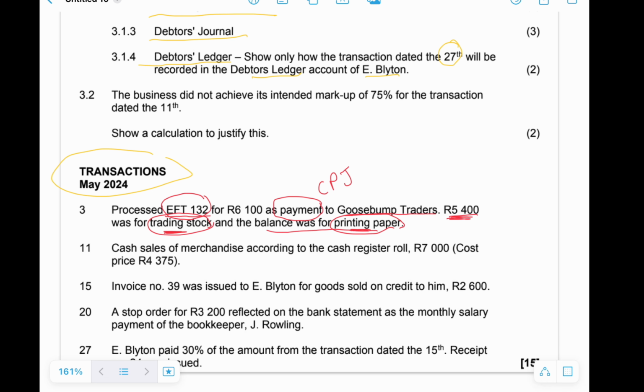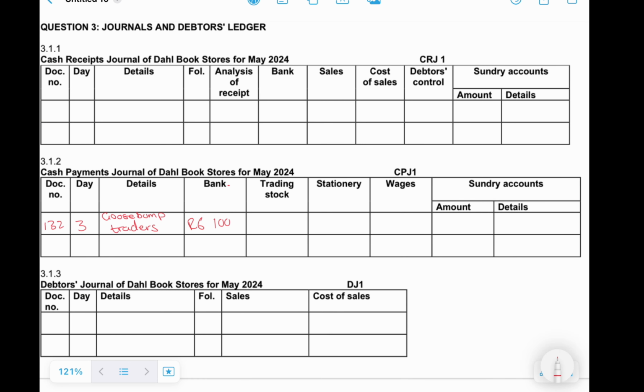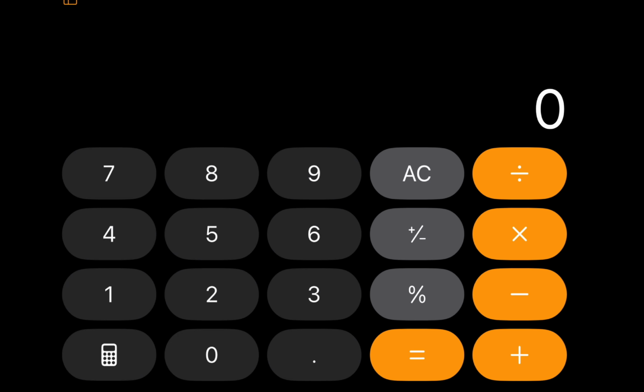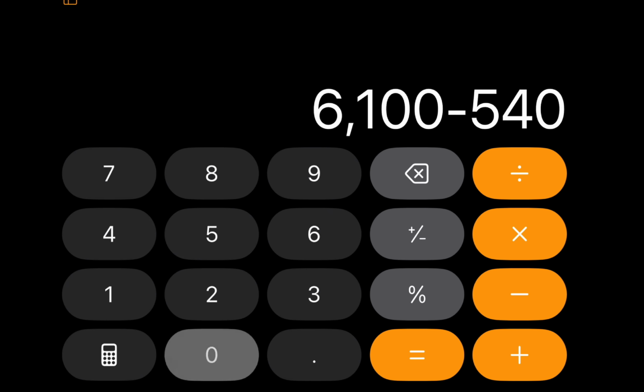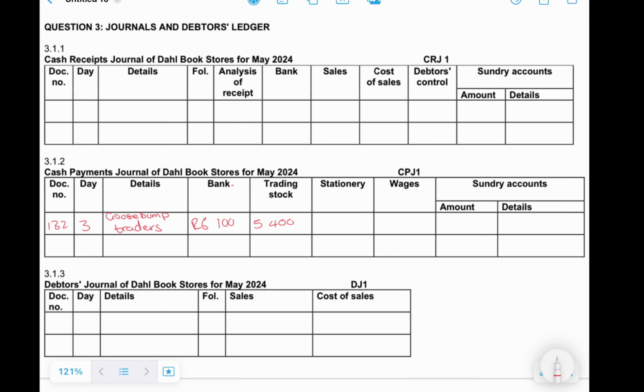Since we bought trading stock, you have to show in the trading stock column that trading stock worth 5,400 was bought. And then the remaining amount will be for printing. Obviously printing falls under stationery. So you go into your calculator to find the balance. So 6,100 minus 5,400 will be 700, which means the 700 will be for stationery, which is printing paper in this regard. So we are done with the transaction and then we move on to the next one.